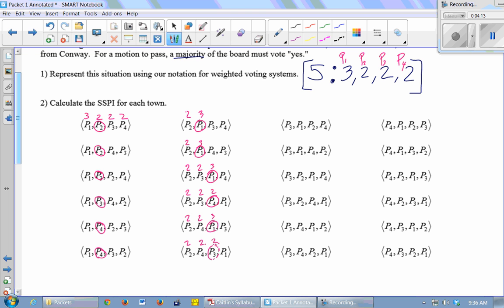Does this make sense? Okay. So this is 2 and 3 makes 5. That's 2, 2, 1.